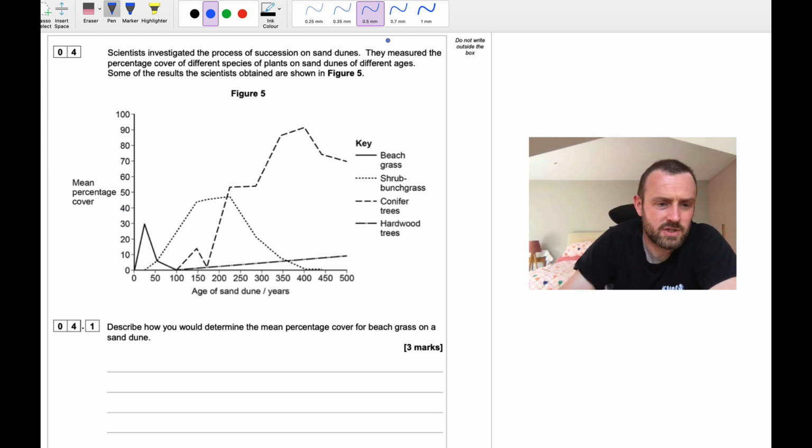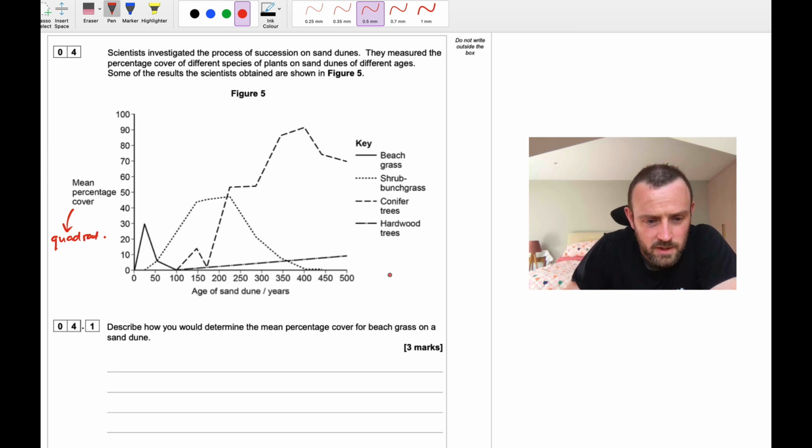Okay, I'm going to get to that question in a minute, but first I just want to look at this and really try to understand it. We've got mean percentage cover, so this is going to be quadrat based. And then we're looking at age of sand dune down here. Beach grass is the first one, the first highest peak here.